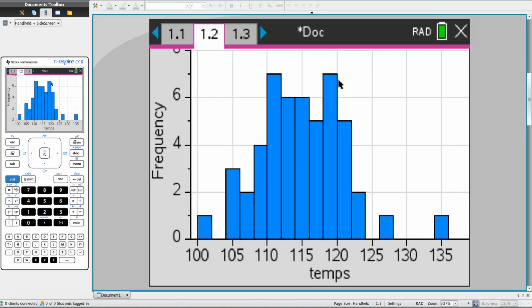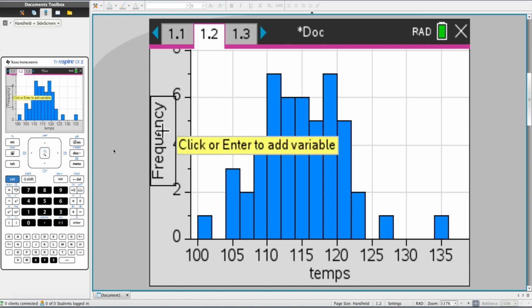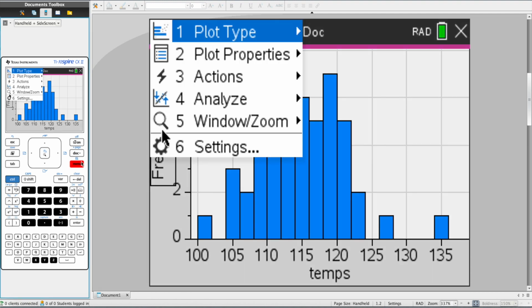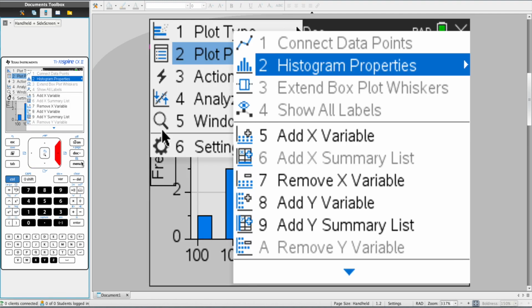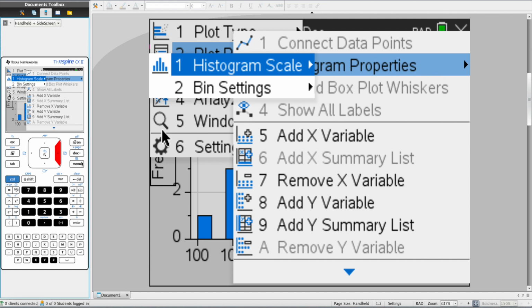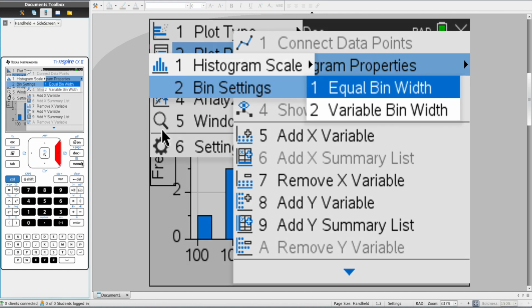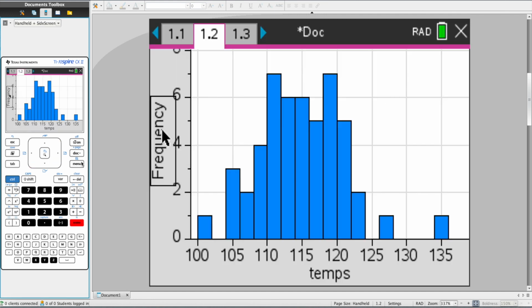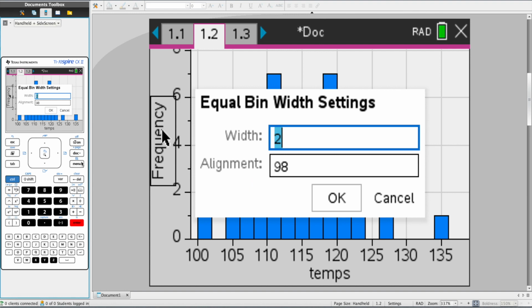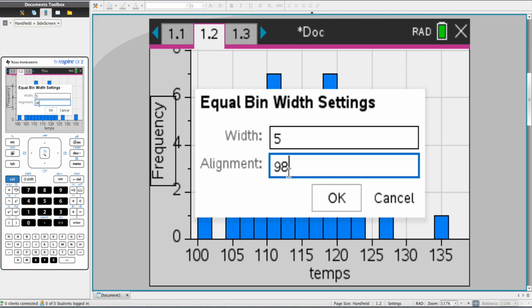Now we see our bars. What we want to get a little more specific on is our bin width. So if I hit Menu and I go to Plot Properties and Histogram Properties, I want to go to Bin Settings, and I want equal bin width. So our bin width is 5, and our alignment is going to be at 99. Let's say our lowest value is 100.